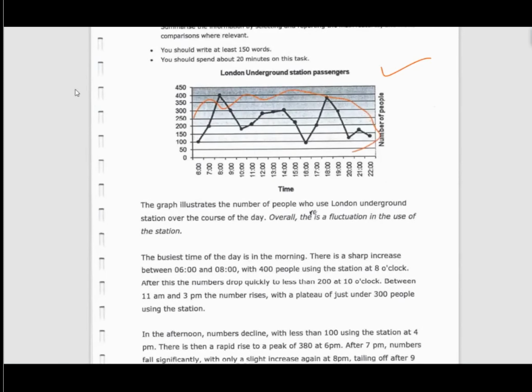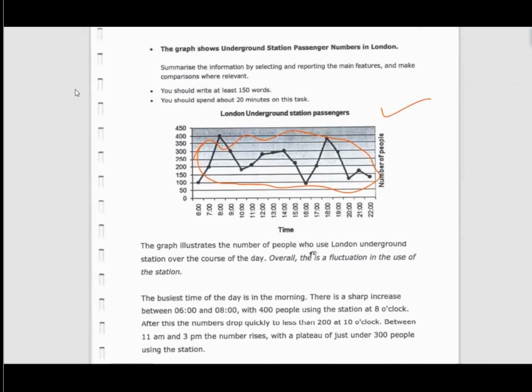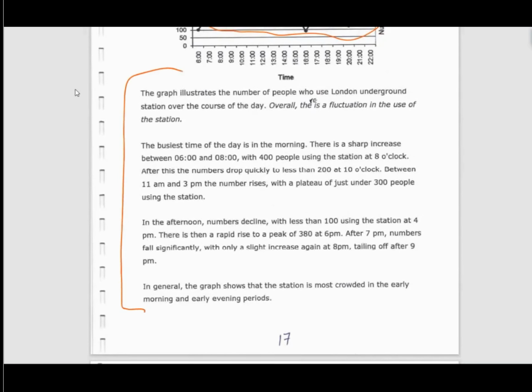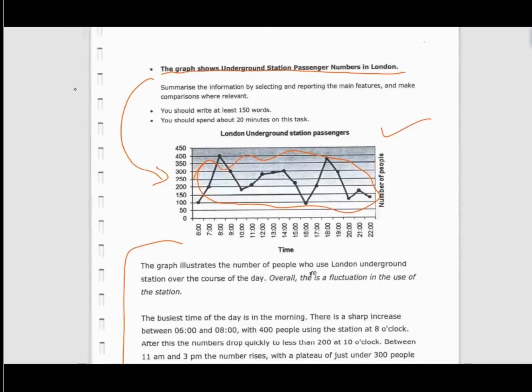It has lines, see the lines here? This is called a line graph. So there will be a question and a drawing. Then you need to write a report about it. This is an example report. We will look at it later, but this is called a line graph, okay?